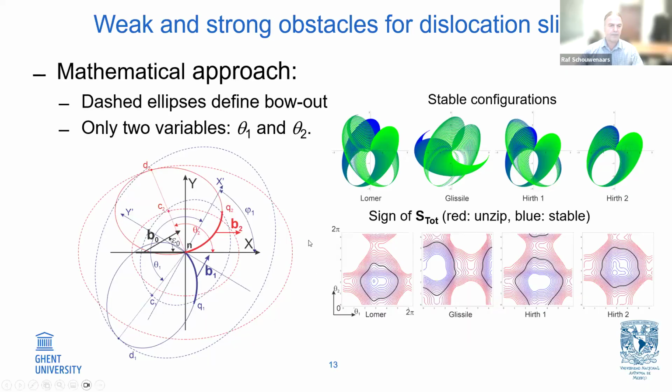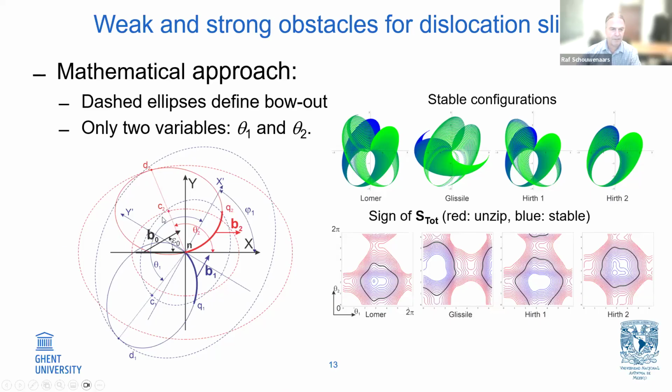Then we look at this graph, and the full lines are the ellipses which describe the dislocations. The major axis of the ellipse is parallel to the Burgers vector. Then we've got the pinning points, which is less important. The left-hand side of the configuration is not important.